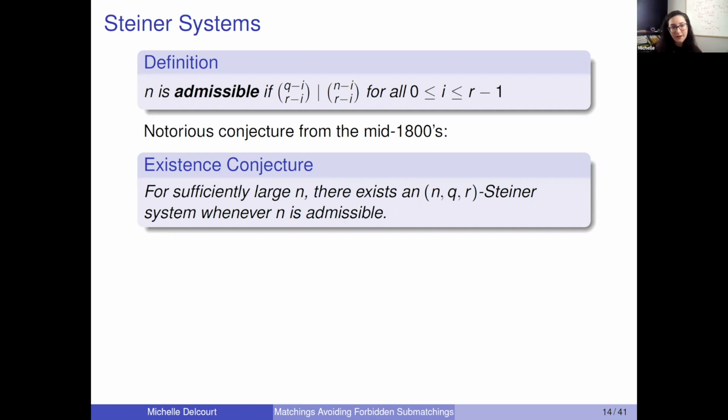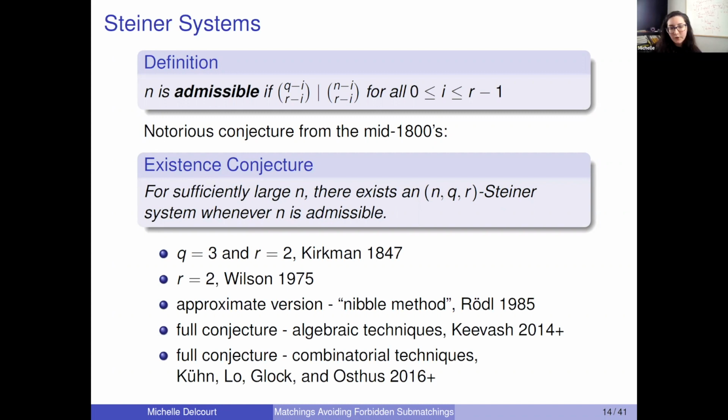And of course, there's been lots of progress on this. So it's been fully resolved, in fact, using both algebraic techniques and purely combinatorial methods. But I really wanted to mention that along the way, a lot of really nice tools and techniques and a lot of good people have worked on the existence conjecture.